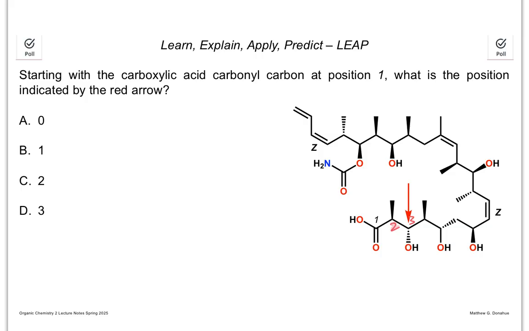So the relationship from the acid to that alcohol is 1,3. And we've already seen that the alpha carbon is next to the carbonyl, and so that's the beta carbon. So this is a beta hydroxy acid.